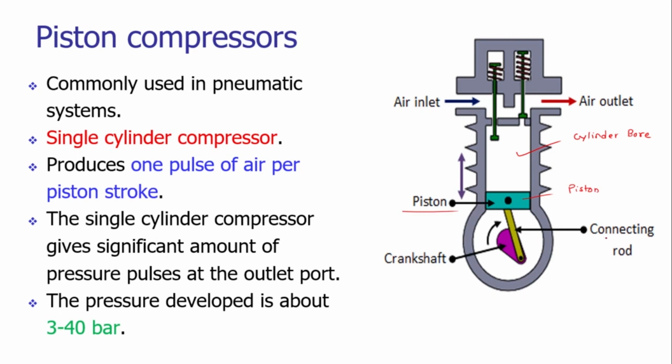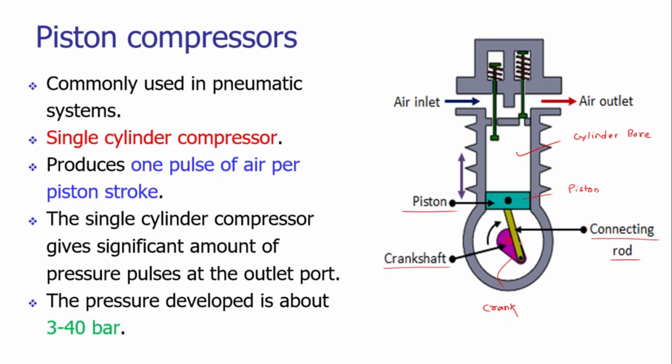The piston is connected to the connecting rod. The connecting rod is connected to a crank. The crank is connected to the crankshaft, which is supported on the bearings.